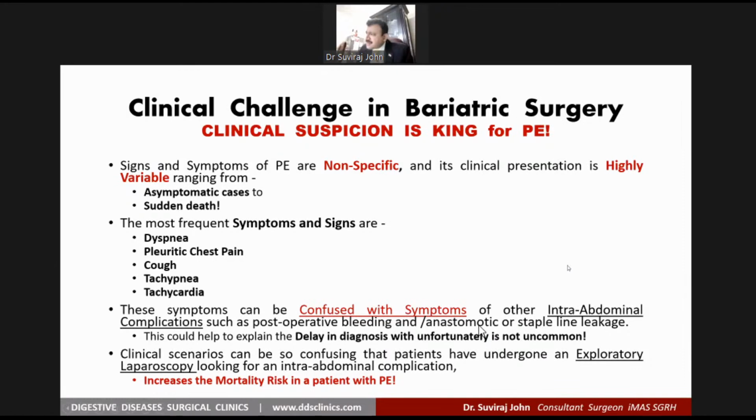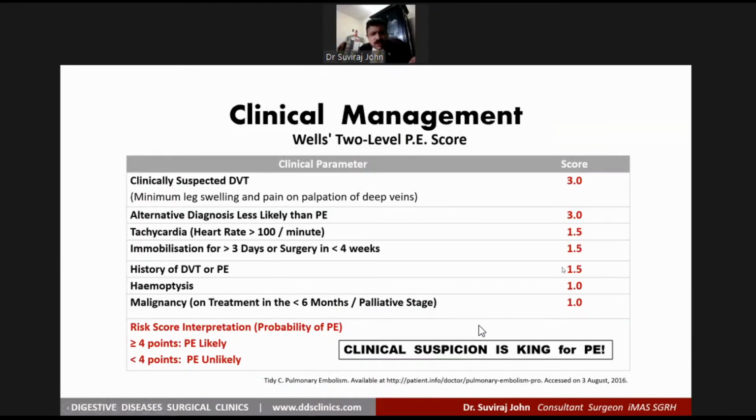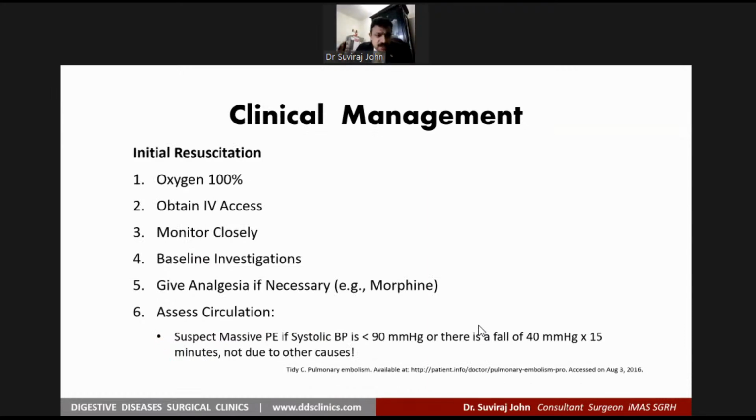Now, having said that, you can do a classical risk assessment clinically, but generally we are blessed with a multidisciplinary approach in most tertiary hospitals. You have a cardiology or a vascular physician who comes and helps you out. Do the basics very quickly, get 100% oxygen supplementation and IV access, shift the patient to a high dependency unit or the ICU, get the investigations going, analgesia if required, keep assessing the circulation.